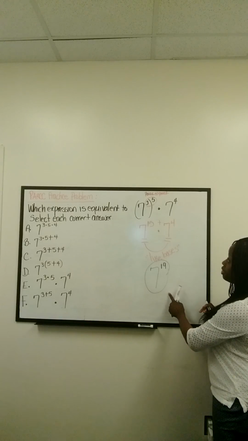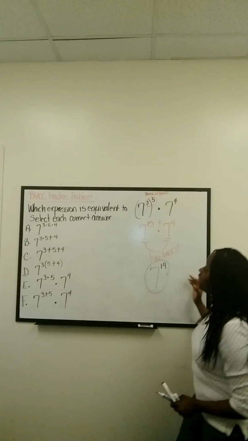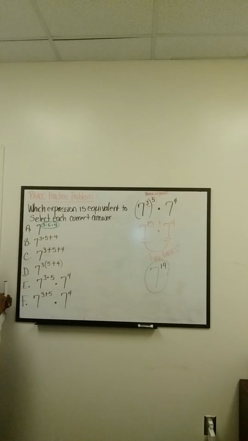So now that I know that this expression, when simplified, is 7 to the 19, I can now go to the choices and see which of the choices represent 7 to the 19. So in part A, we have 7 being raised to the 3 times 5 times 4, where this exponent is being expanded. So because it's expanded, I know that I'm going to have to simplify that by multiplying 3, 5, and 4.